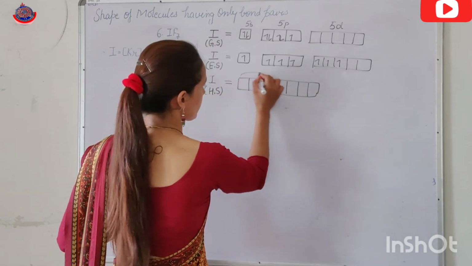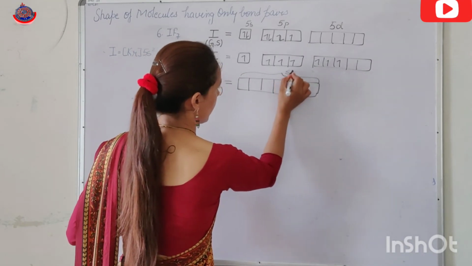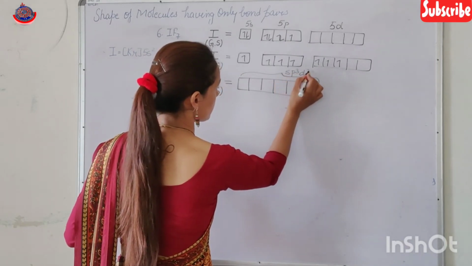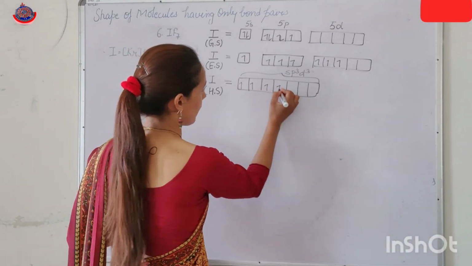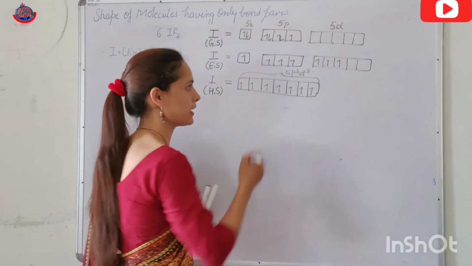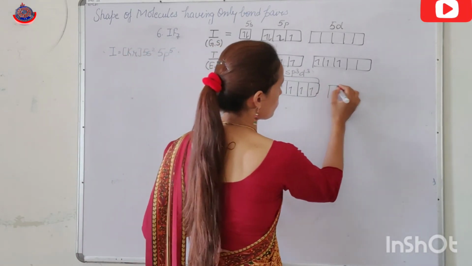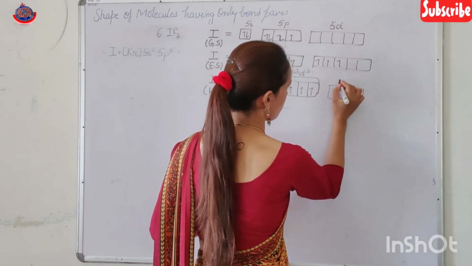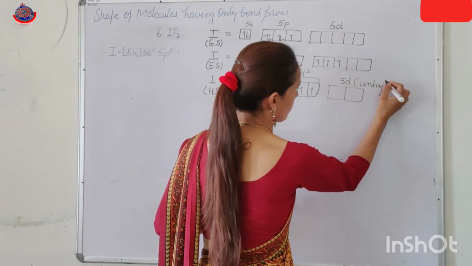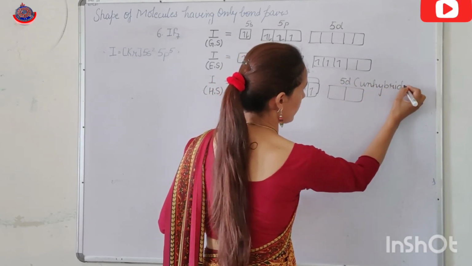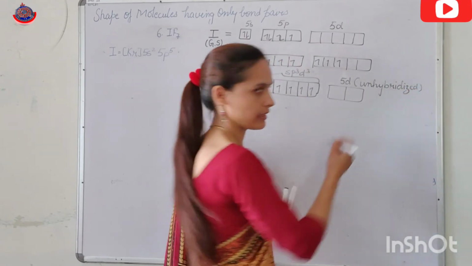The name of these orbitals is sp3d3, and each of these orbitals has one unpaired electron, and the 2 d orbitals are unhybridized.